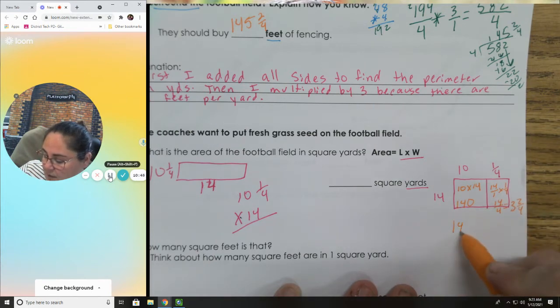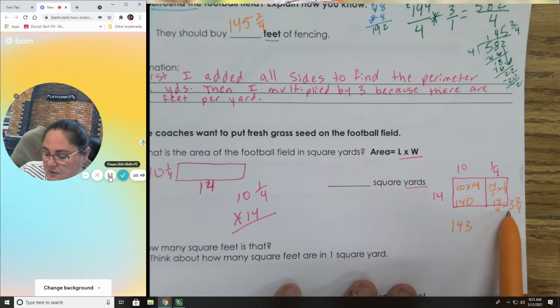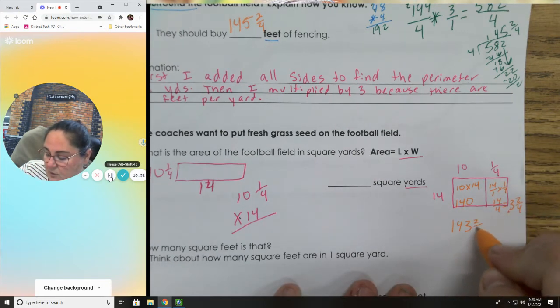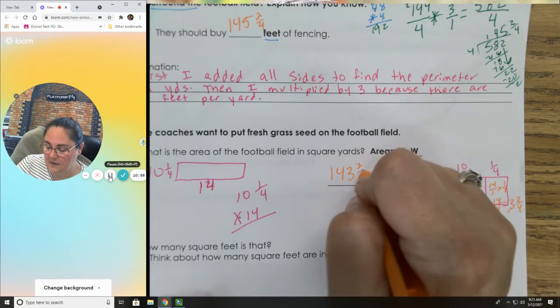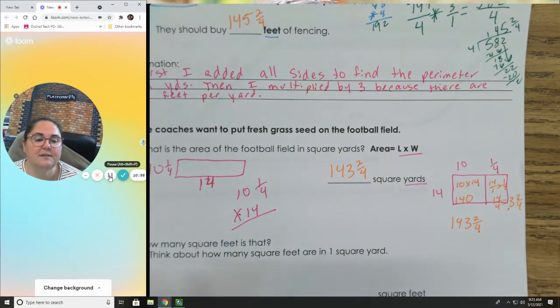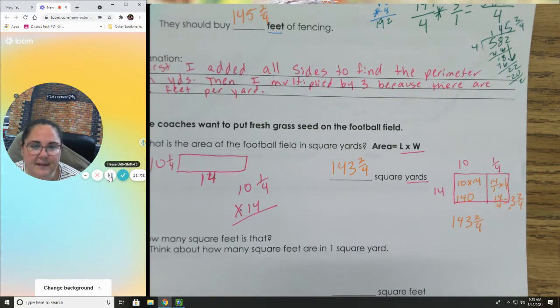So because this is 140, and this is 3 2/4, that is my area in square yards. You could say 143 and a half. Fine.